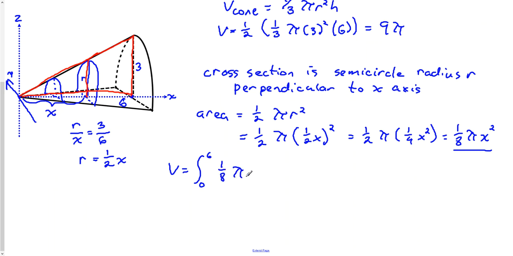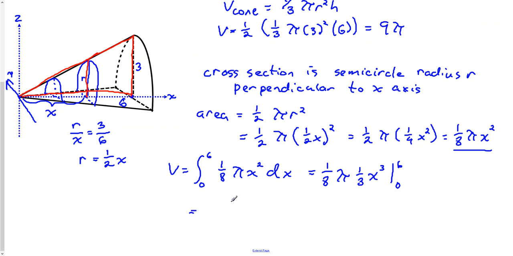Our cross sections are each 1/8 pi x squared, and we want to integrate with respect to x. You've done a bunch of integrals like this before. We can pull out all of those constants, so 1/8 pi, and if we integrate x squared, we get x cubed over 3, and we want to evaluate this from 0 to 6.